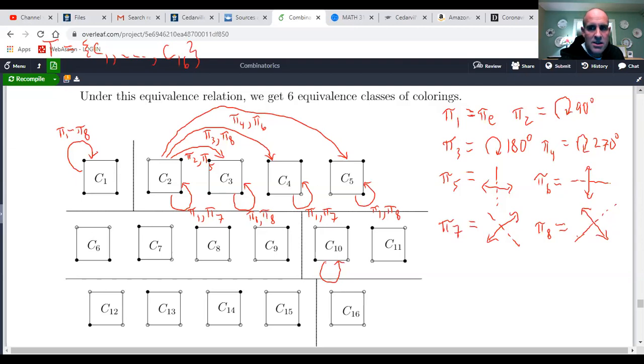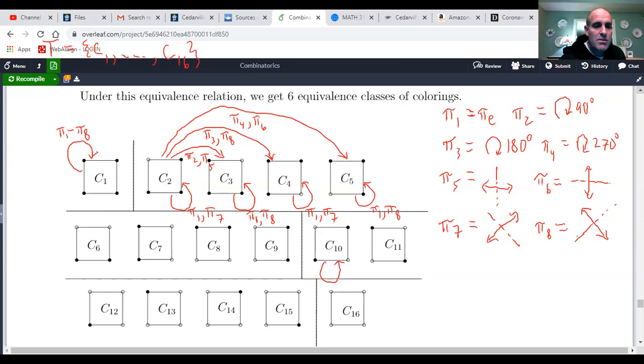And incidentally, you could also say the number of things that move me from C2 to any other coloring in the equivalence class, which is 2, times the number of colorings in the equivalence class is equal to the size of the group. That's amazing. Think about that. And that's something that we're going to have to prove. If we can prove that, we're going to be in amazing shape here.